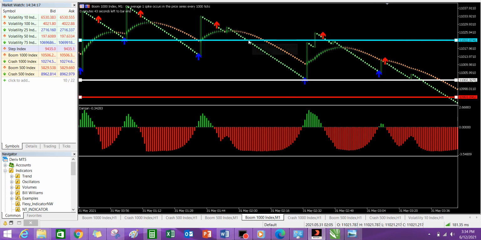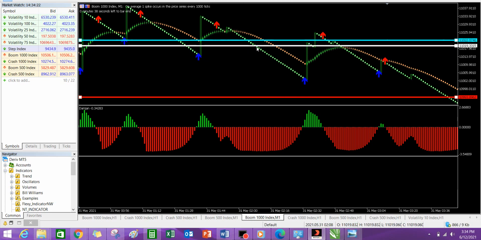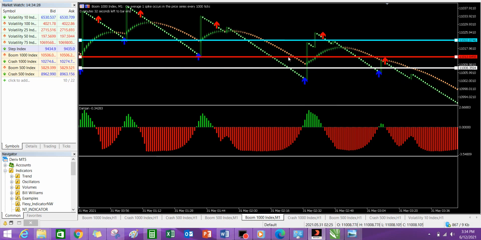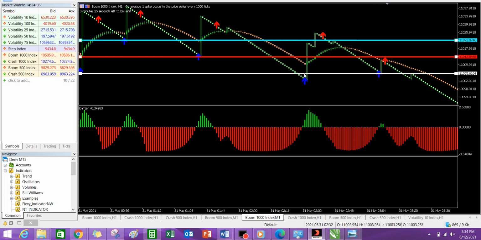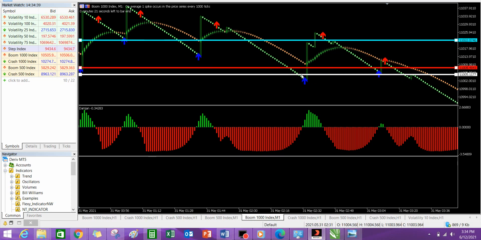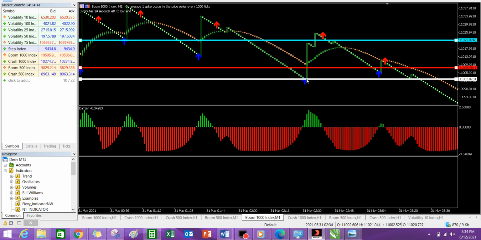Let's say the light blue is our entry point, and the market started moving downward. So we decide to introduce the stop loss, the same thing we did when trading the spikes. We introduced the stop loss here, and the price action got to this level. We adjusted the stop loss to somewhere here, and the price action got to this level.